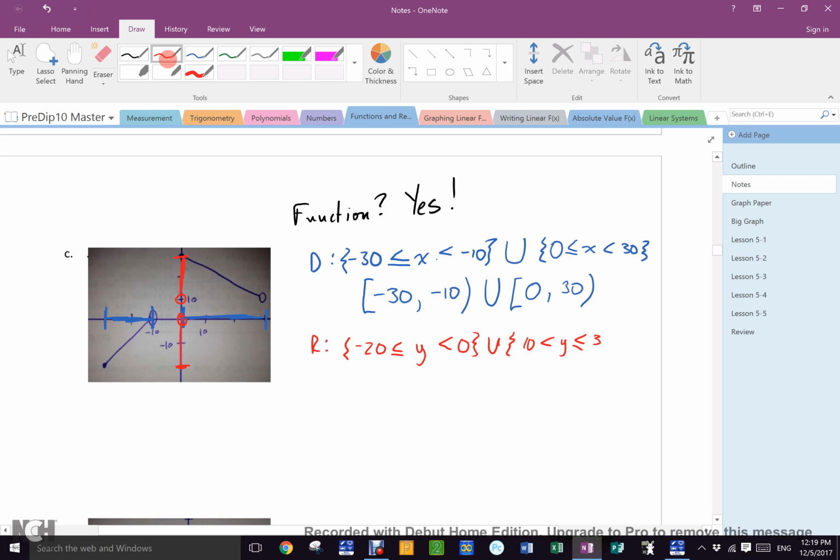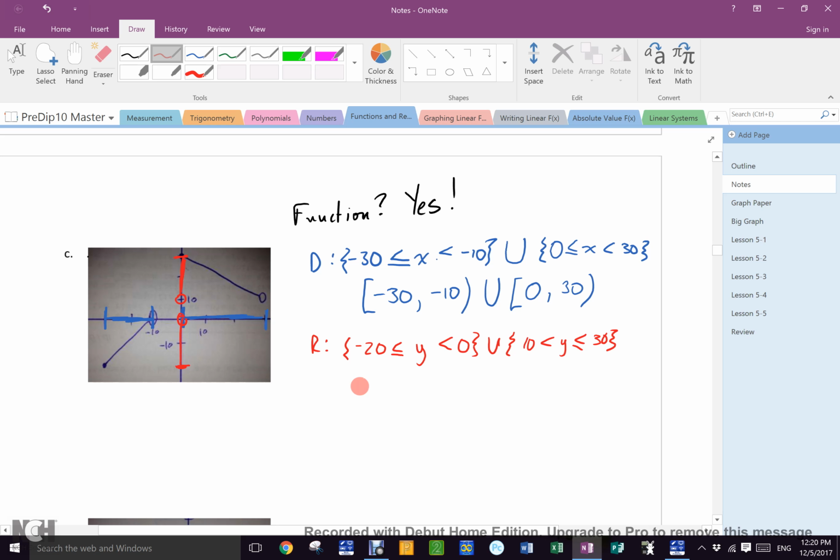Now, put that in interval notation. Go. Exactly the same as domain, guys.